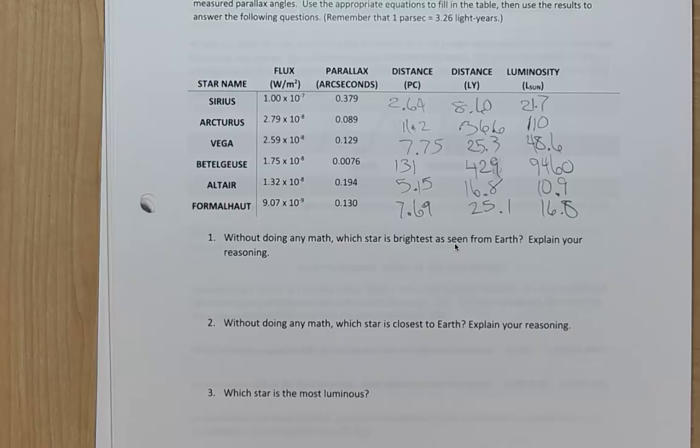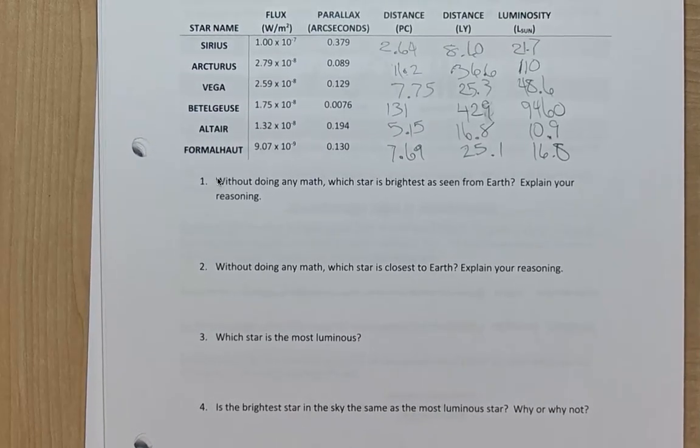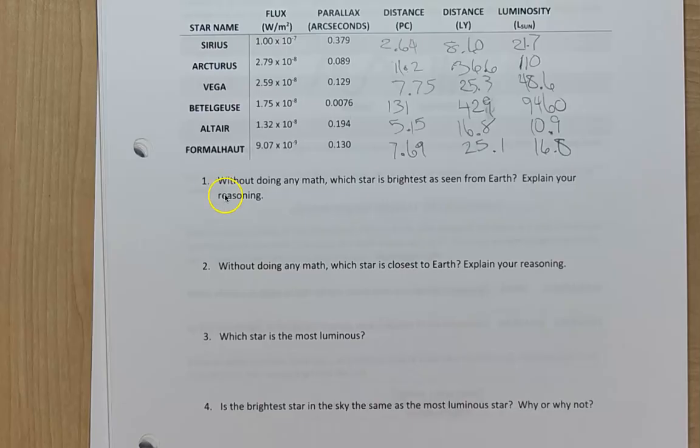Why is Sirius, the brightest star in the sky, not the same as the most luminous? What's the brightest star in the sky? Sirius. Well, in the night sky, Sirius. Sirius shines on Earth with more light than Betelgeuse does, even though Betelgeuse is giving off much more light than Sirius is in total.